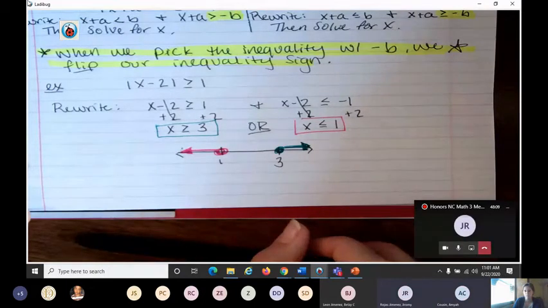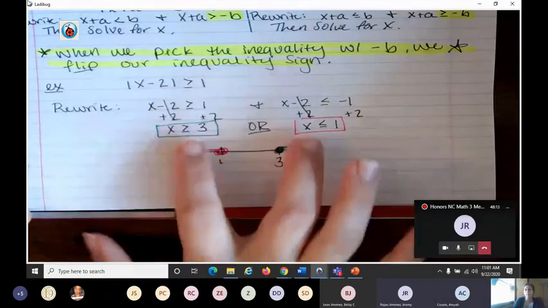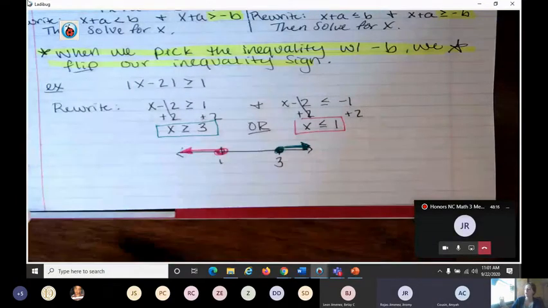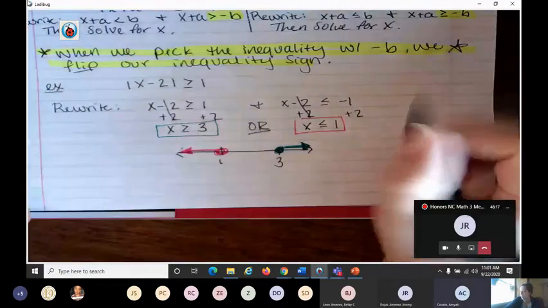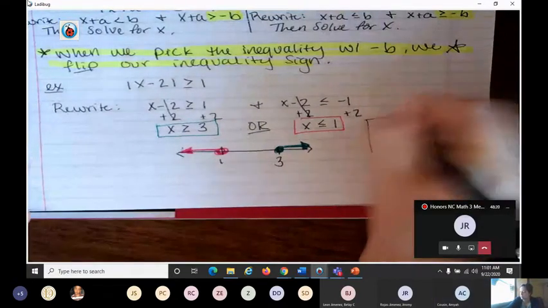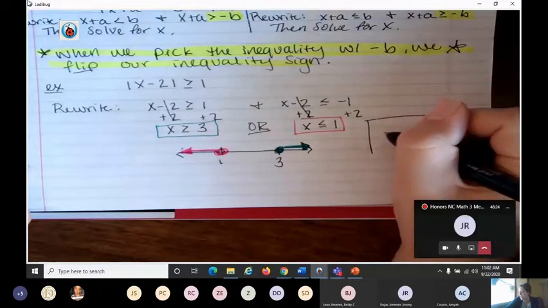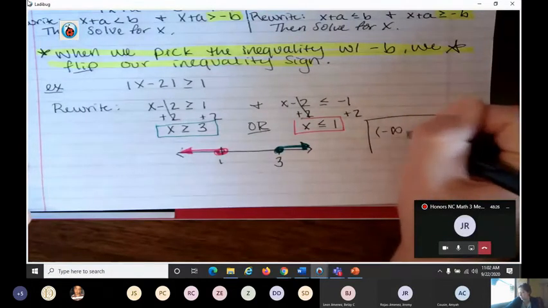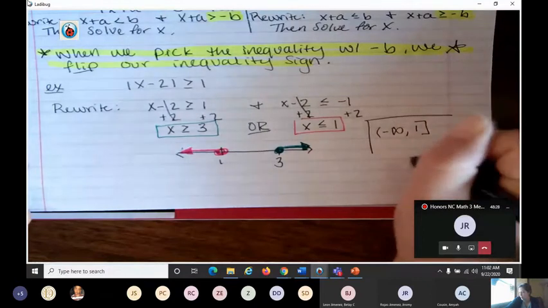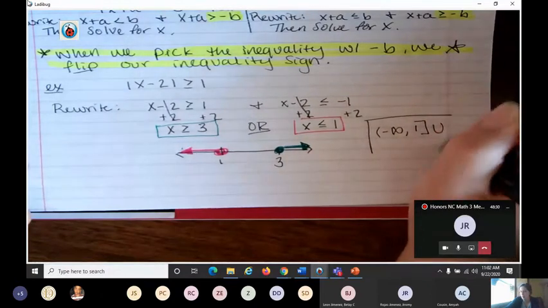Do the answers go in parentheses or do they stay like that? Like this. You could totally write it like, so this is an option. You don't have to do this. You could do from negative infinity to 1, union, or I don't remember what we did in this class.